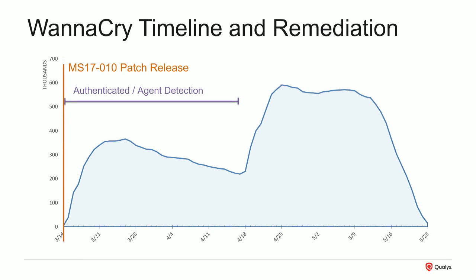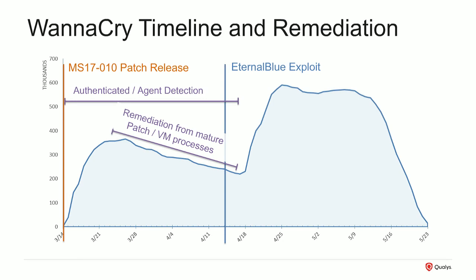So there is a time frame of about 1 week in which they were scanning their network, detecting it, and then they started a remediation process. They were starting to patch things, and the number of infections started to drop a little bit.